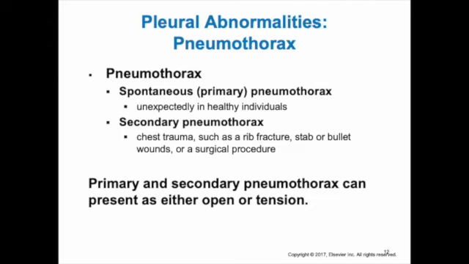These are the conditions in which spontaneous rupture of blebs, or these blister formations that are on the visceral pleura, will occur, creating primary spontaneous pneumothorax. Smoking is also a risk factor as well.